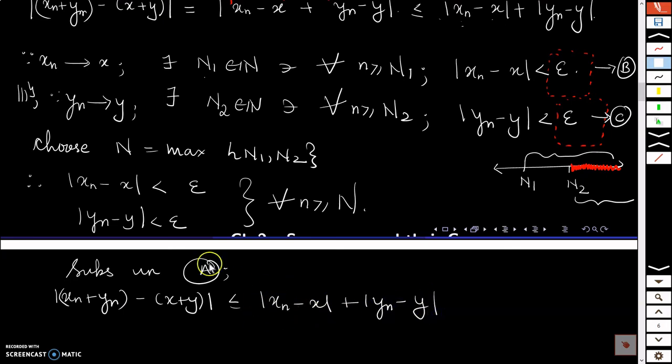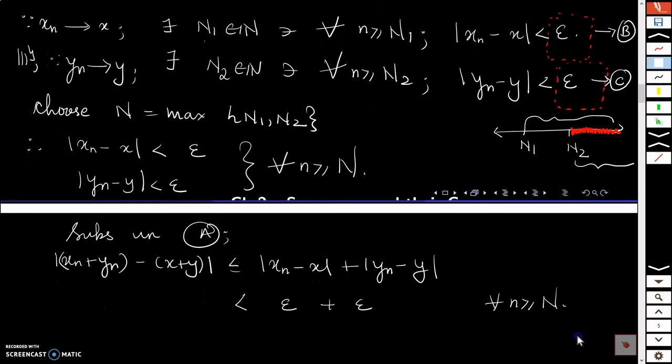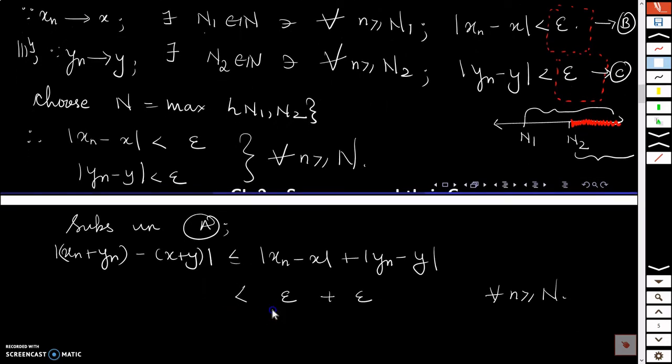And each of these two are less than epsilon, both of them, for all n bigger than or equal to capital N. So this is strictly less than epsilon plus epsilon for all n bigger than or equal to this capital N, right? But what is their sum now? That's 2 epsilon.